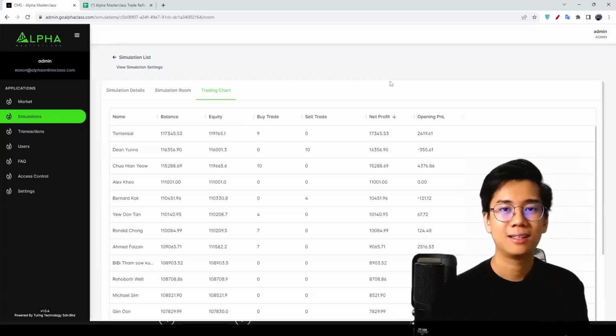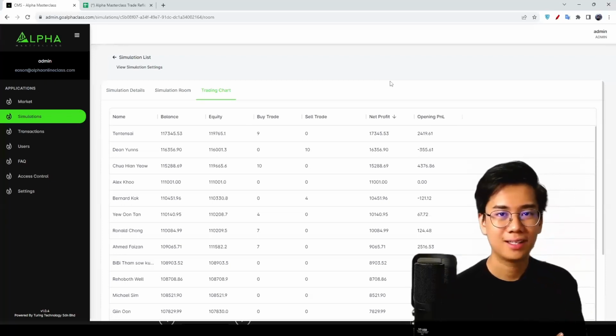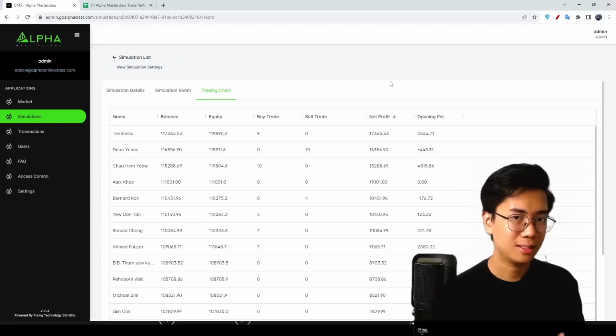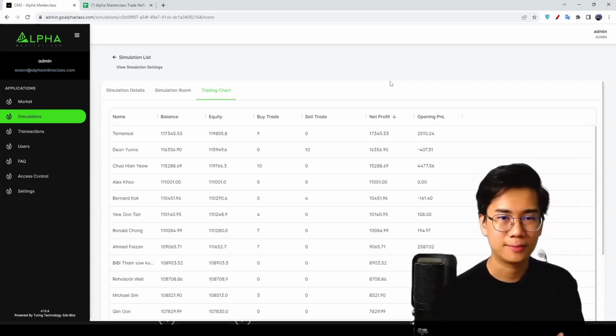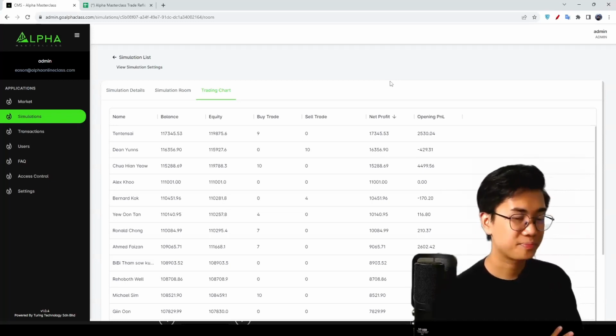Din Yunus, $16,000 profit. Chua Hin Yu, $15,000 profit. Still catching up on it. Alex Koo, $11,000 profit. Bernard, $10,000 profit. 10 Side is still at a huge top, waiting for you guys to catch it.